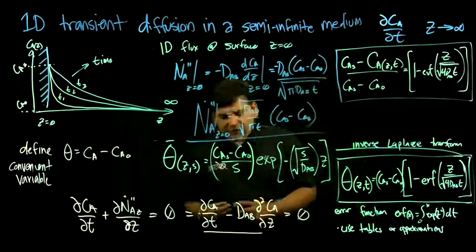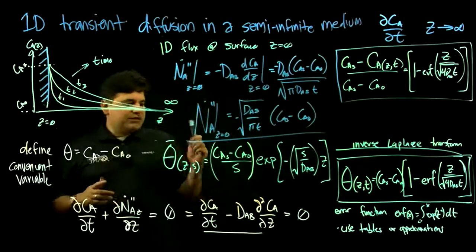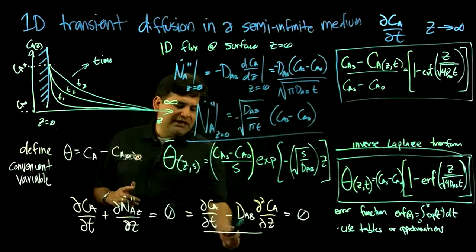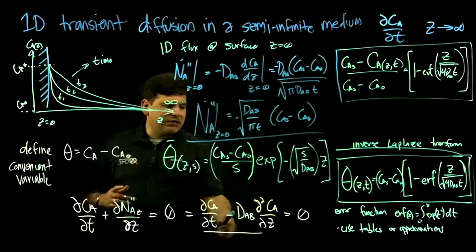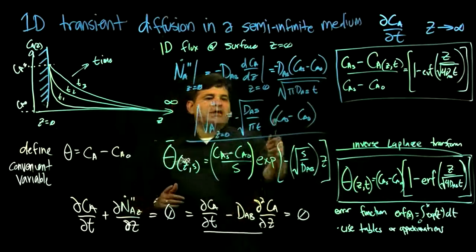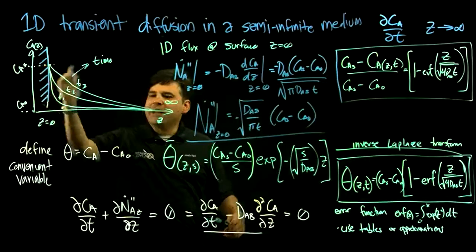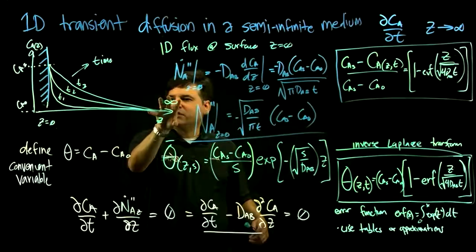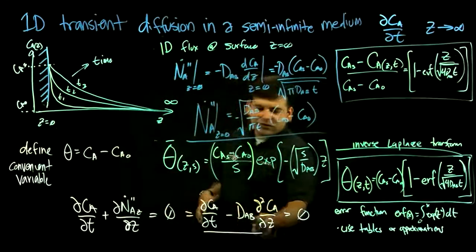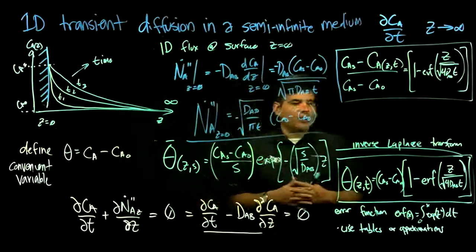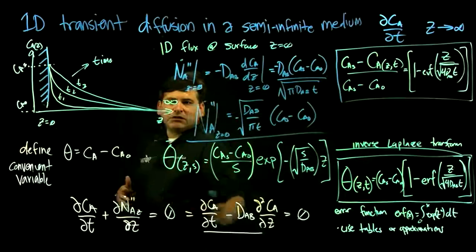So that is how you would solve this PDE, this mass balance of one species in one dimension. The boundary conditions give rise to this concentration difference, where you have a surface concentration and this far stream concentration that you asymptote to. To solve this PDE in time and space, we had to apply Laplace transforms, giving us this Laplace space solution here.